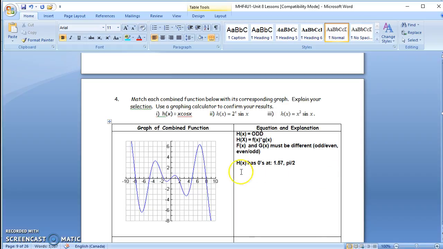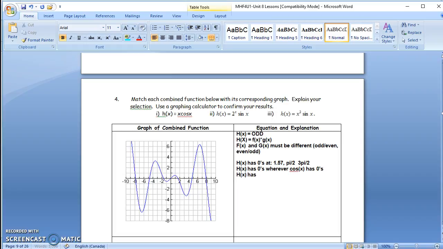It has another zero here at 4.6, which is at 3 pi over 2. And it has zeros over here at the same places, right? So again, I'm noticing that h of x has zeros wherever cos x has zeros, right? Which tells me that cos x is part of the equation.